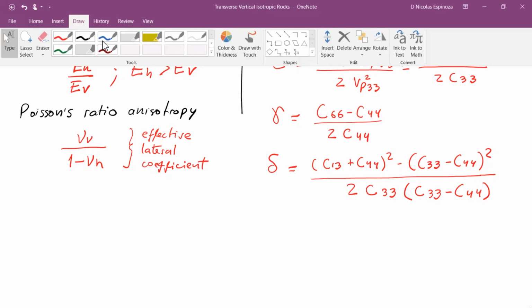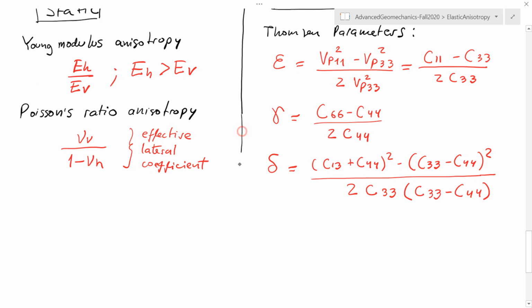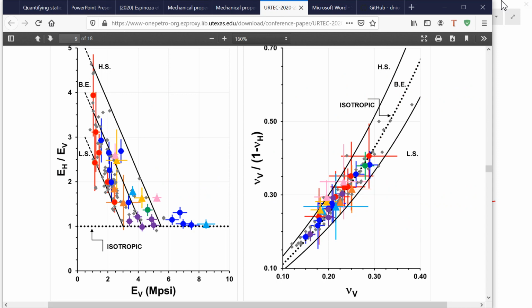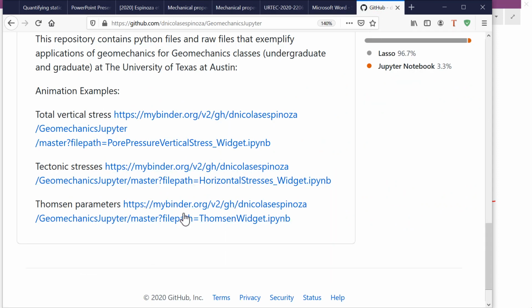Usually in seismic, you work more with velocities rather than stiffnesses. And let me show here a quick animation, which I have right over here. And let me launch this.